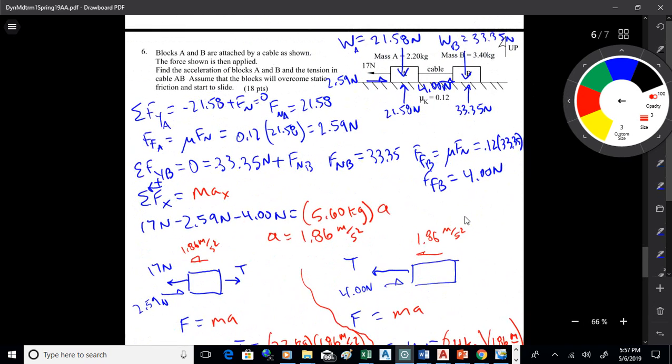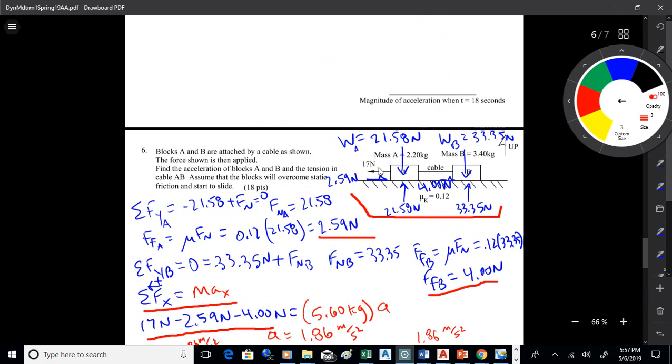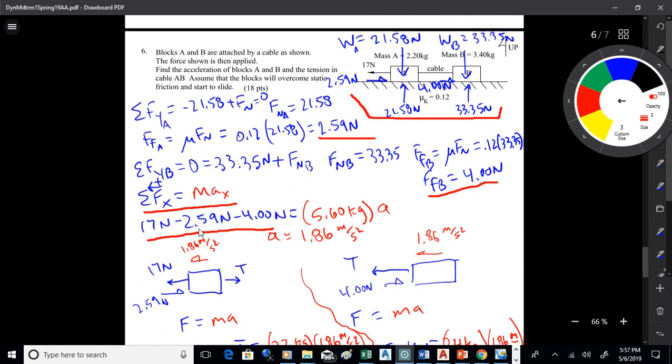All right, the next one here, we get a free body diagram. So I just went ahead and showed the normal forces and calculated the frictions, 4 and 2.59. Then to find the tension, you go sum of F equals ma. So we've got the static stuff here on the left, the 17 newtons to the left, I'm calling left positive, minus the 2 frictions, and that equals the mass times the acceleration.